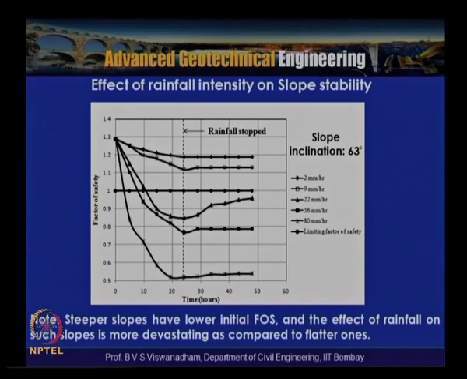With a low rainfall intensity there is not much variation, but for the slope inclination of 63 degrees with 22 mm per hour, within 10 hours the slope comes to the limiting factor of safety, and with 36 and 80 mm per hour, the slope reaches it in very short durations of rainfall.